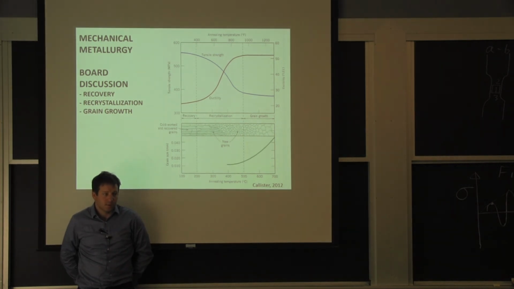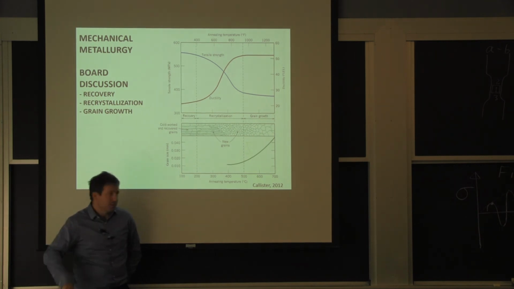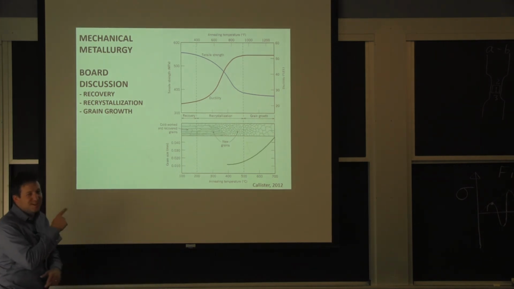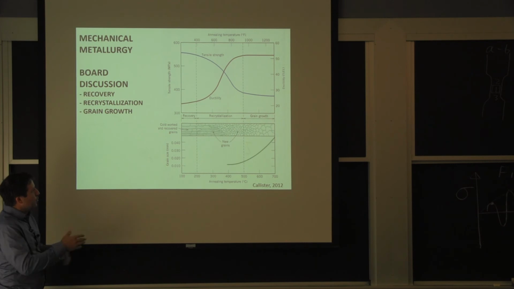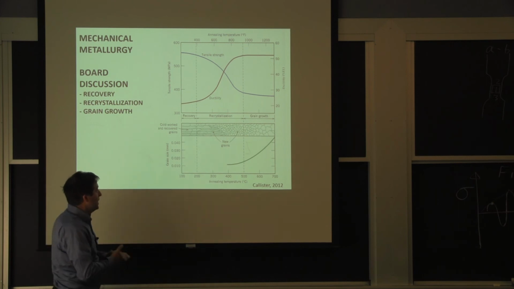Well, if we start going into all these details, we'll not be done today, but let's go back to this. We deform the microstructure and then we anneal, so we just heat it up. And we'll talk later about what happens when you heat and deform. But for now, we're just heating it up.